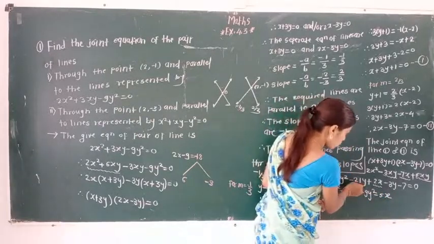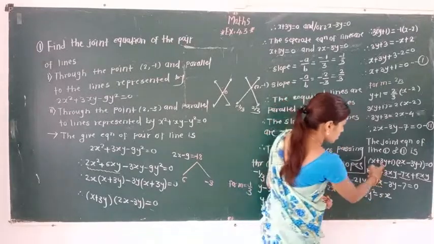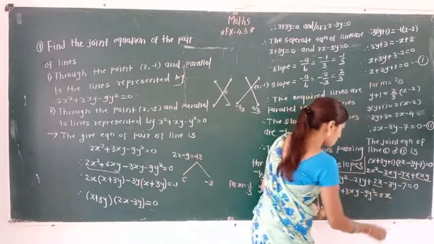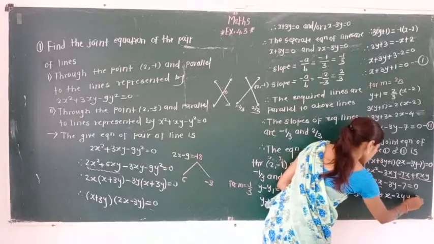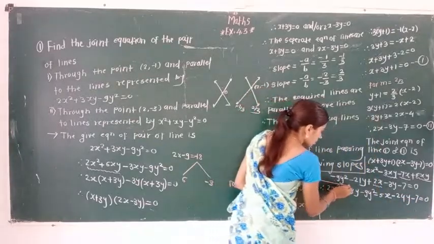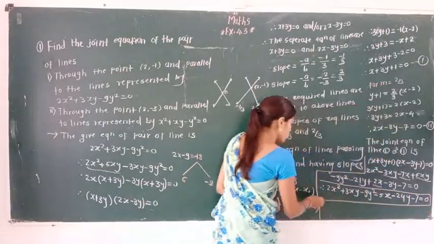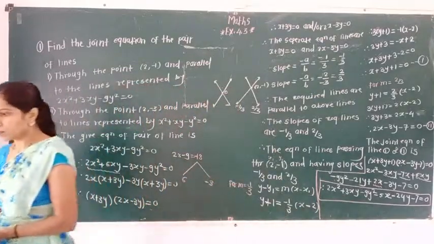Now the coefficient of y: minus 21y and minus 3y, we write minus 24y, minus 7 is equal to 0. And it is the combined equation of the two lines. Now first of all write down this equation.